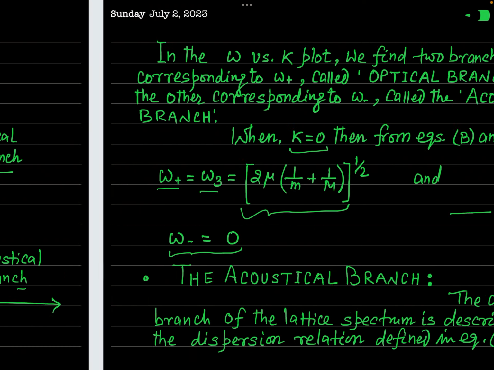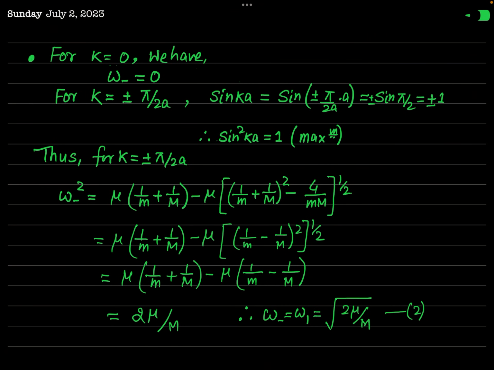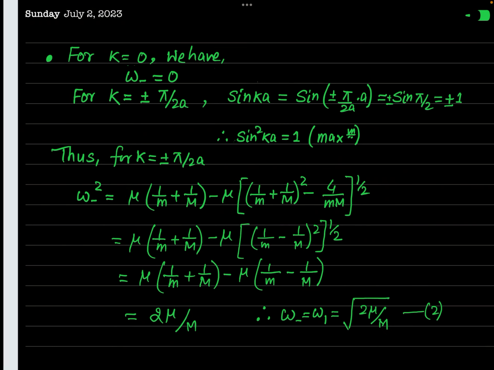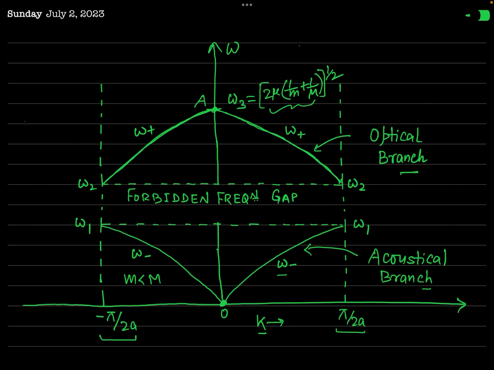So now let us see the important facts regarding the acoustical branch. When you say acoustical branch, then the lattice spectrum is described by the frequency omega minus, and you know that omega minus will be given by this equation C, which I have mentioned here.